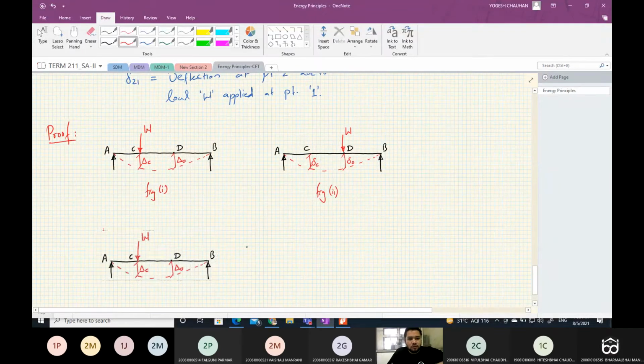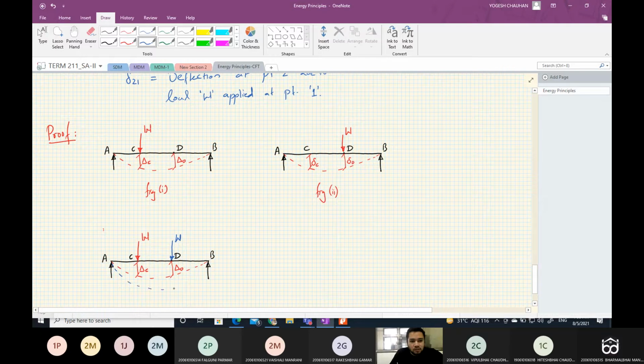So now this is the deflection when the load W is applied at C. Now let us apply a load W at point D. When you apply this load W, there will be further deflection in the member.